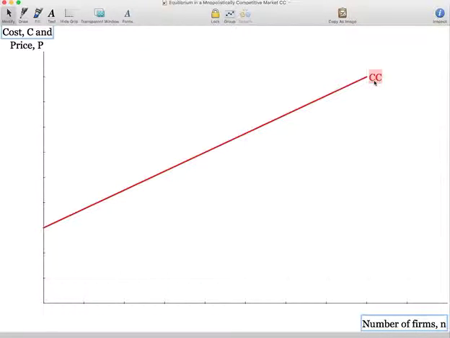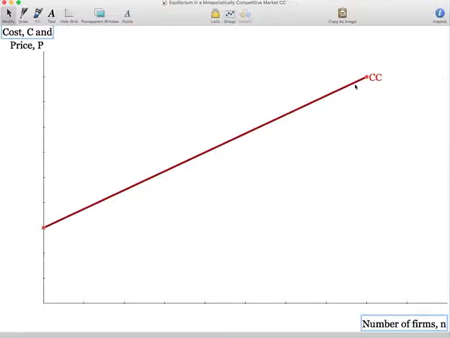It's why this CC curve is upward sloping. Remember that the market size is fixed. There's a certain amount of sales that occur in this particular market. So when we increase the number of firms, their market share decreases. Thus, the amount of output per firm decreases.